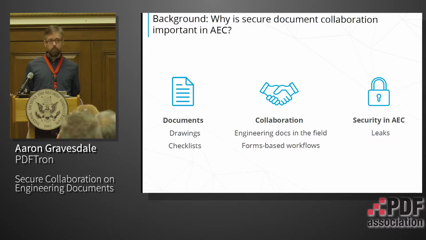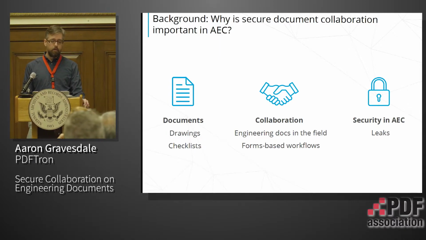And there are a multitude of other kinds of documents as well: RFIs, submittals, contracts, as well as blueprints and punch lists. And over all of this, security is a big deal. Especially here in DC, we have to think a lot about the security of these workflows, and are we keeping engineering documents secret, since those could potentially be used for things that terrorists might exploit.